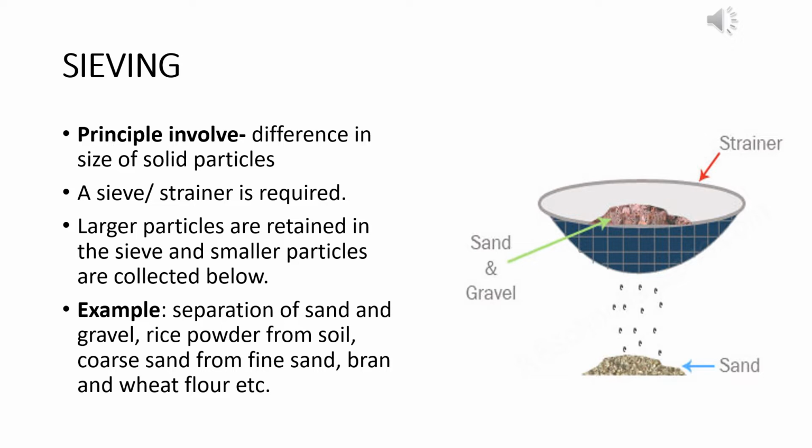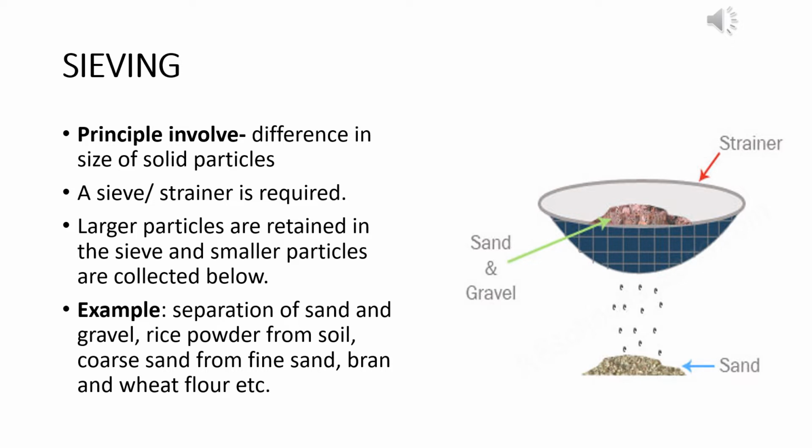Here we need one equipment which is called a sieve or a strainer. A sieve or strainer is used to separate those mixtures, and when we are sieving the mixture, the larger particles of the mixture are retained in the sieve and at the bottom the smaller particles are collected.